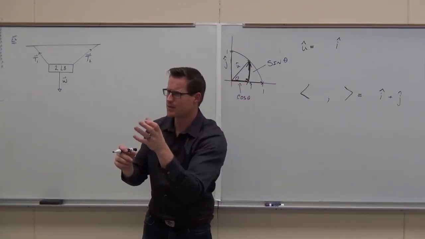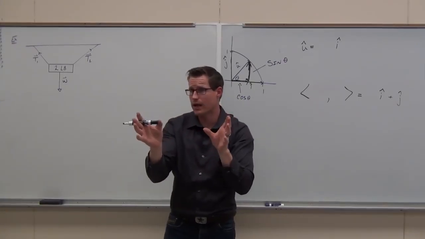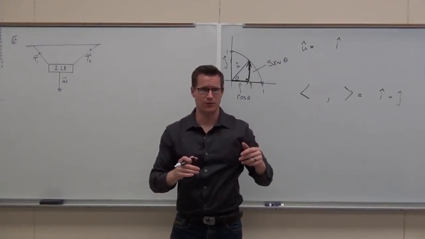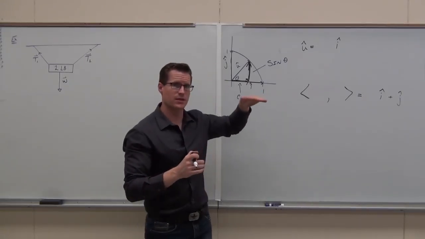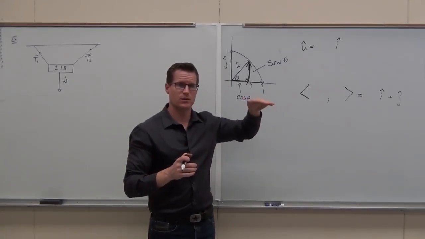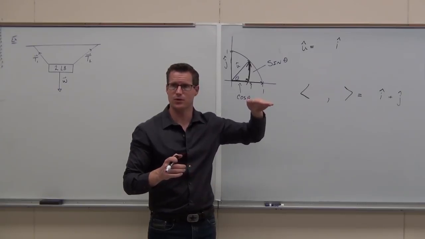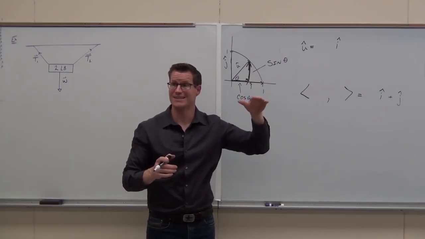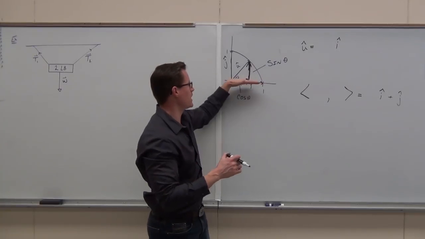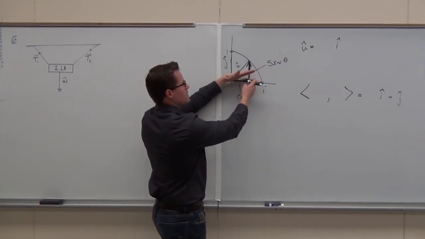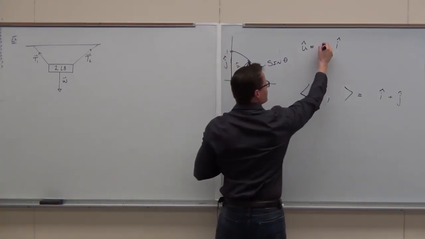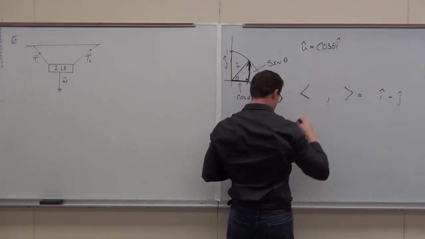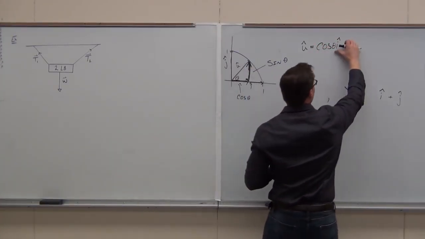I want to say cosine theta of it because cosine theta, you know this, right? Cosine theta maxes out at what value? 1. So if the angle is anything but 0, then we have a different value for cosine, and it's less than 1. So when we climb up like this, cosine theta starts shrinking. I'm taking a fraction of i. Cosine theta i, and I kind of ran out of room there.